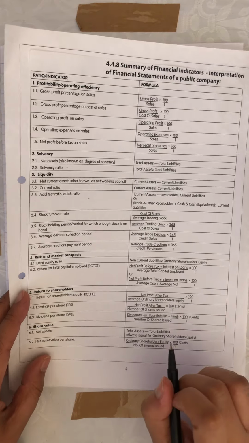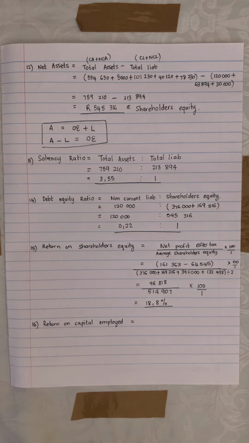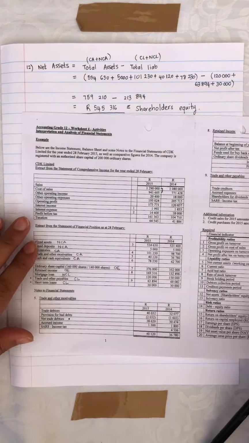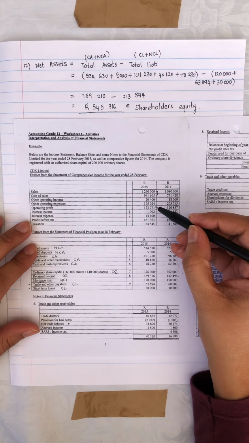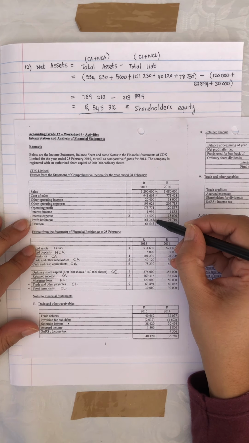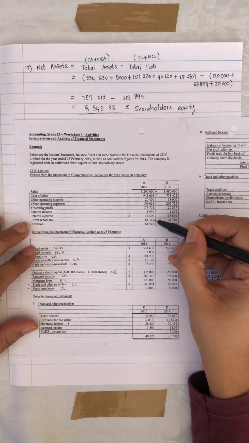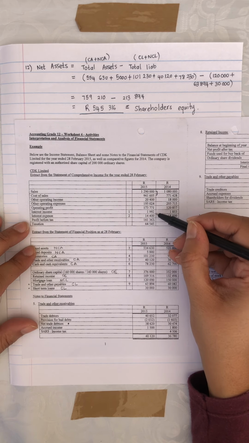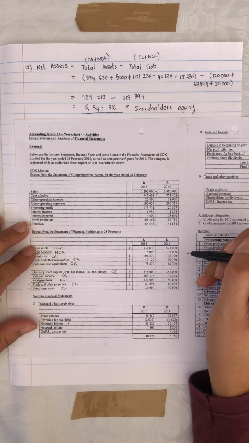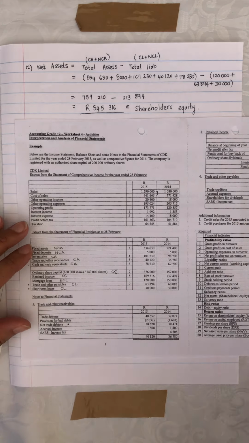So let's go and quickly do that. Your net profit before tax and interest expense will be found in your income statement. There's my net profit before tax, but remember this has already taken into account the interest expense. So if I want to get to net profit before tax and interest expense, I need to add back that interest expense.